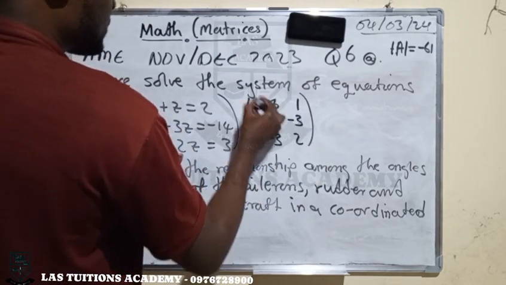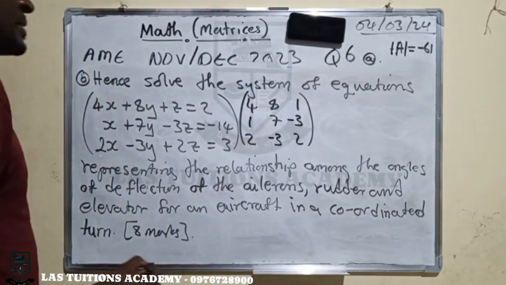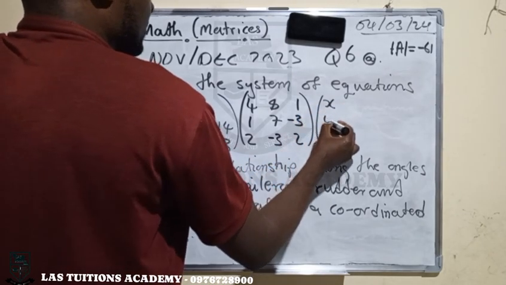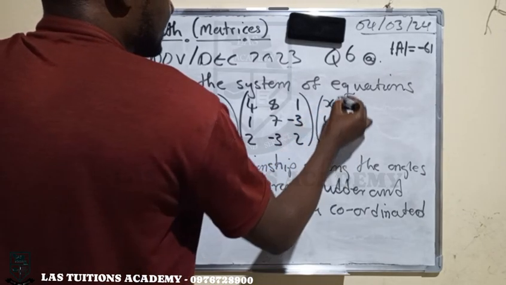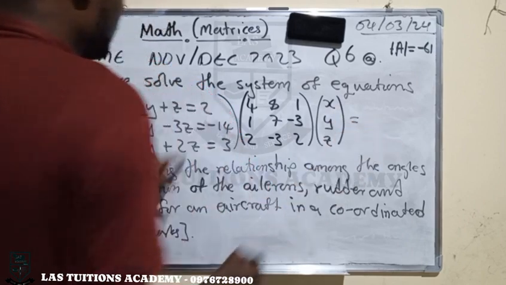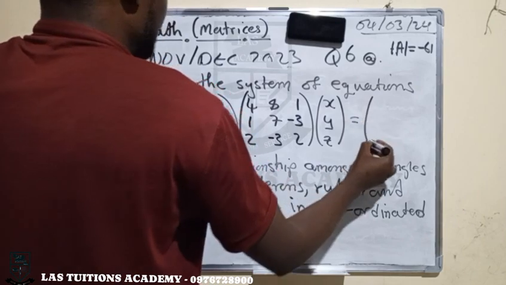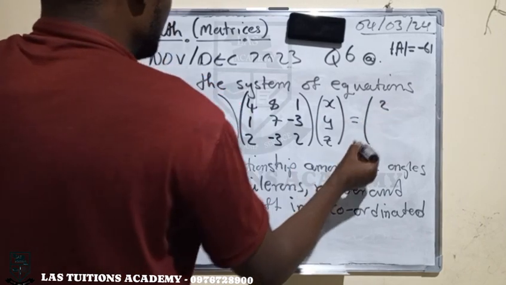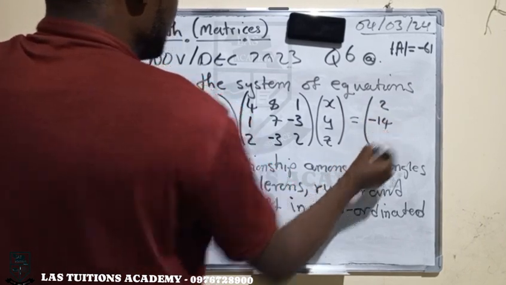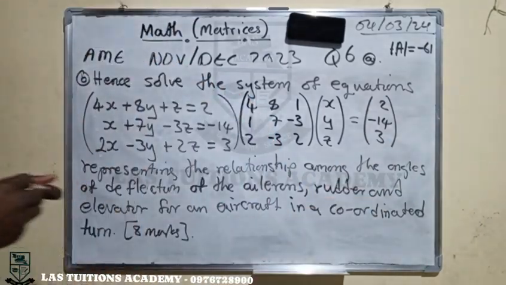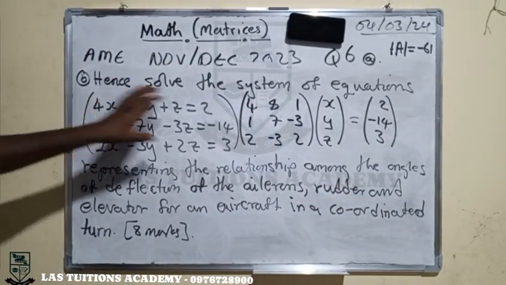So you have this. Then you are multiplying this by x, y, z. Then this will give you these numbers that are at the end here. So it will give you 2, negative 14, and 3.